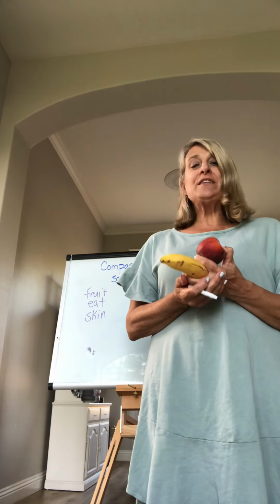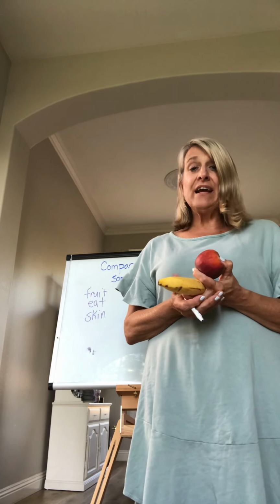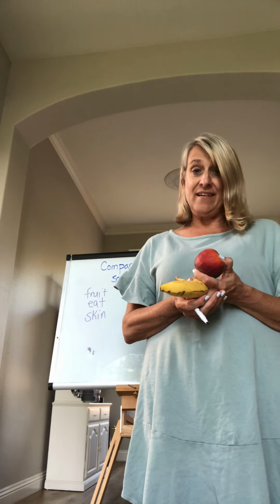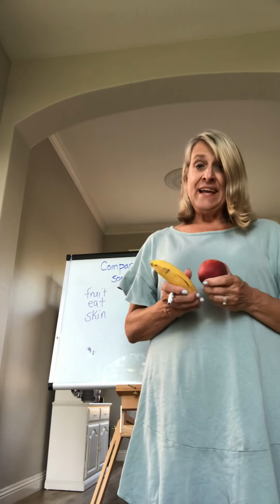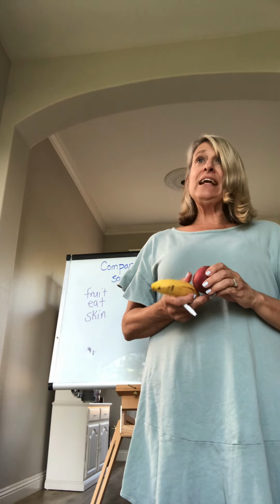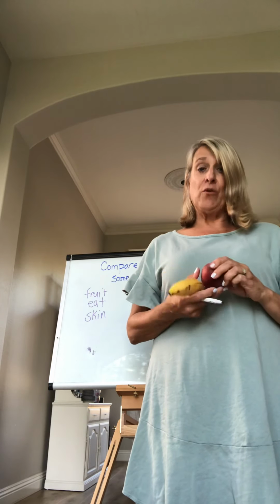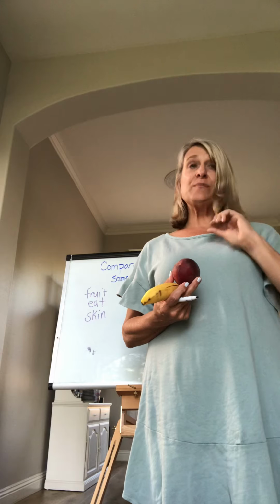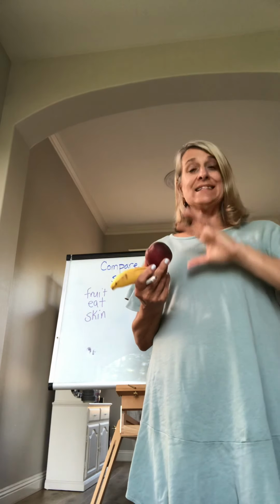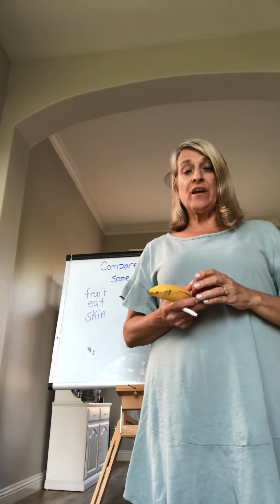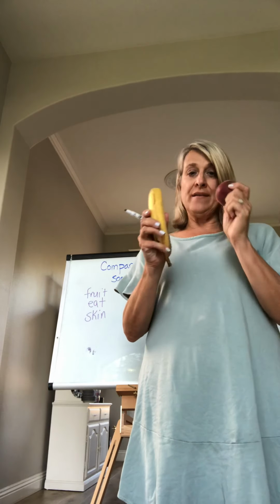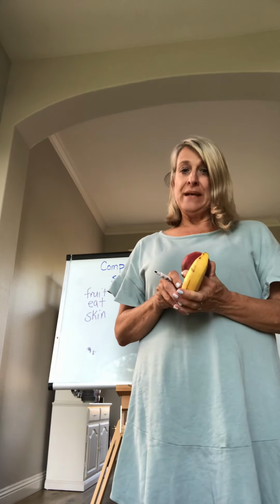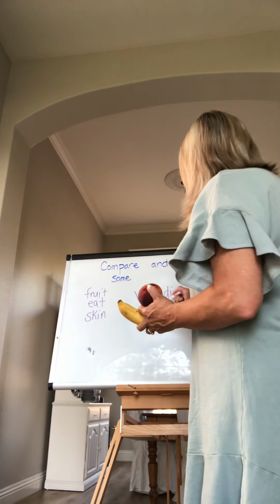We are going to be writing a comparing and contrasting essay where we compare and contrast two things. And having a graphic organizer, and that just means something that we can see, helps us to organize our thoughts. So I'm going to give you an example of one with the peach and a banana, and we're going to do it together.